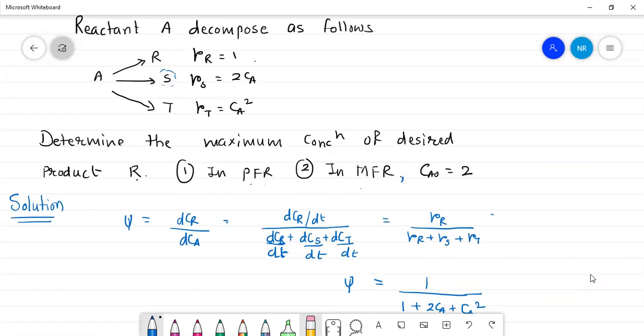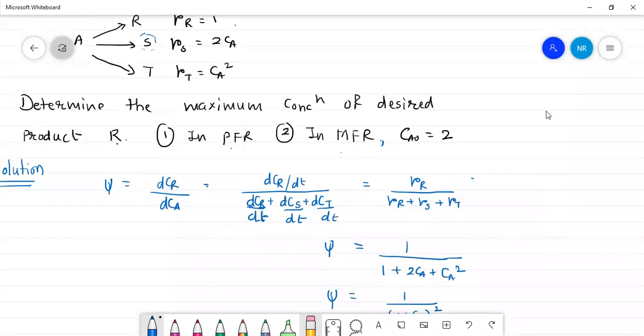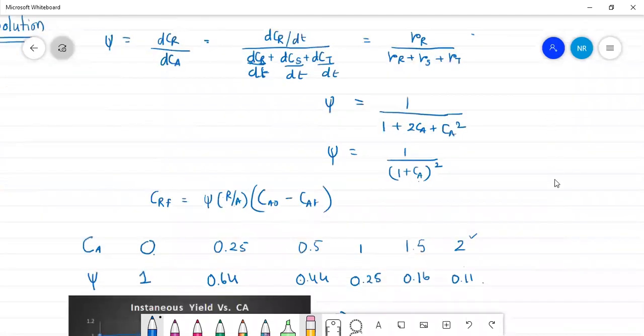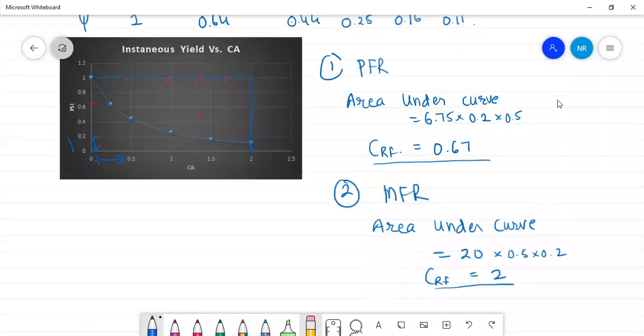If T is the desired product, then the scenario is something else. So according to the desired product and the rate equation, I can select what is best for me, PFR or MFR, for finding out the desired concentration. Okay.